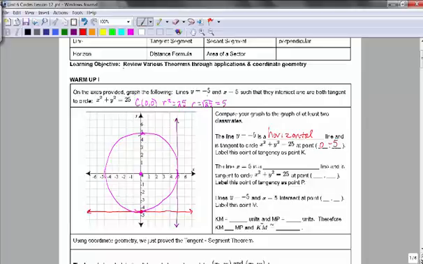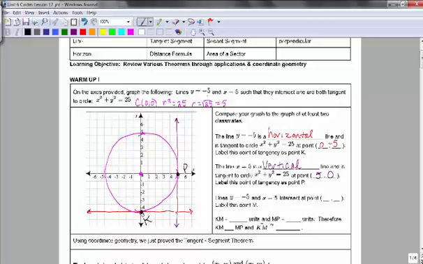And we're going to label this point of tangency point K. The line x equals 5 is not horizontal. It is the opposite of this, so I would call this a vertical line, and it is tangent to the circle at point 5, 0. And we're going to label this point of tangency point P.